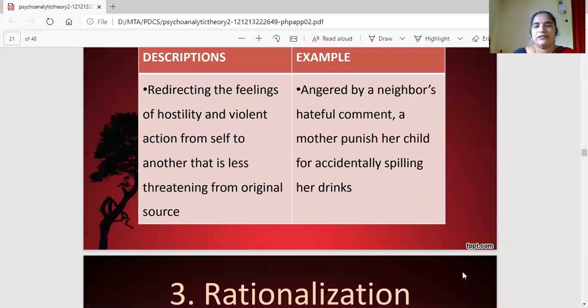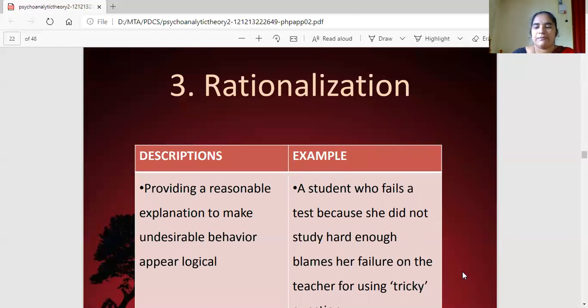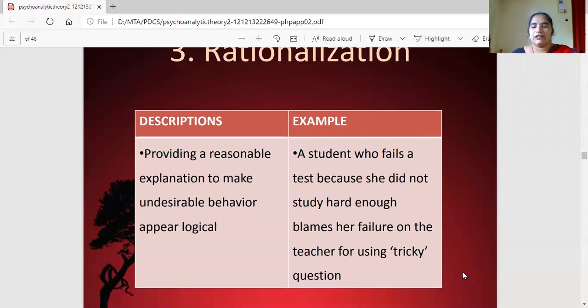And the third type of defense mechanism which ego tries to play is rationalization. Okay, so rationalization means for any wrong or mischief or mistake you have done, you are giving them a logical, well explained reason for it.